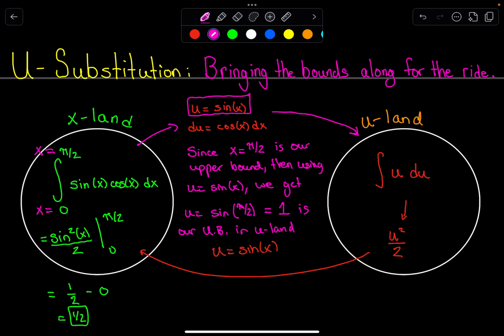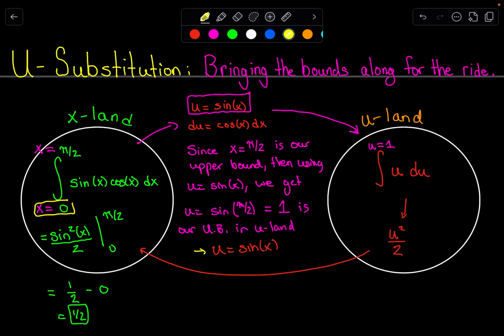Okay, and so that means that I can put an upper bound over here of u is equal to 1. And similarly, if I were to tackle this lower bound, I can still use the fact that u is equal to sine of x, then u equals sine of 0, which is just 0, that gets me u equals 0 for our lower bound.